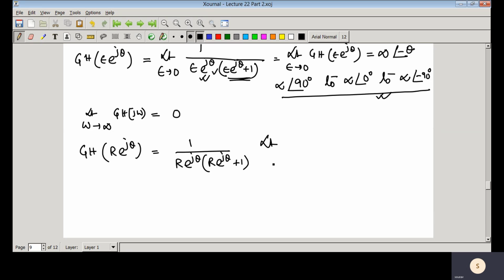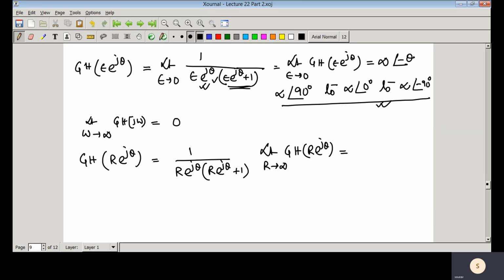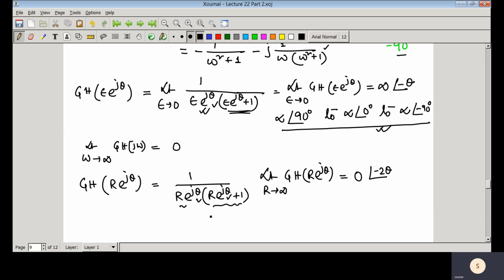So now limit R tending to infinity of G H at R e to the power j theta would be nearly approximately infinity, and 1 over infinity would be 0. And here you have theta, here you have theta, so basically the angle contribution would be minus 2 theta, as they are in the denominator.